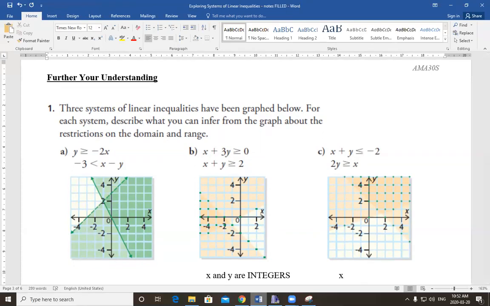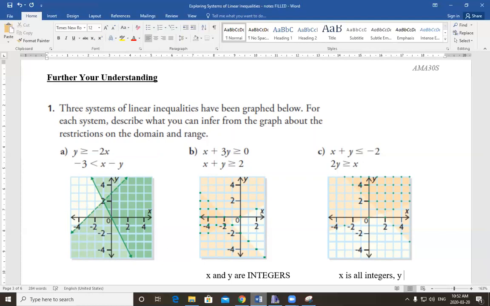So X, actually my apologies, that's the boundary line. We look for the shaded region. So Y must be above 0, which is whole numbers, but X is negative here and positive here. So X is all whole numbers, sorry, all integers.